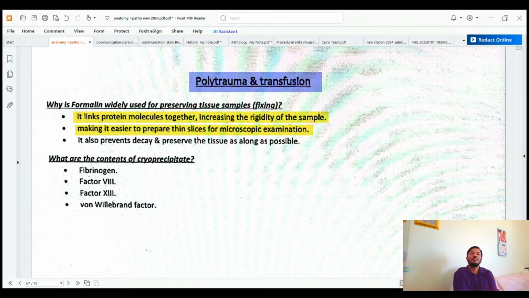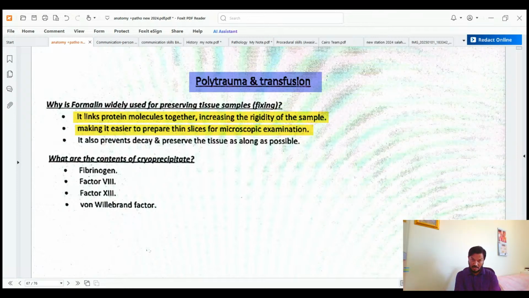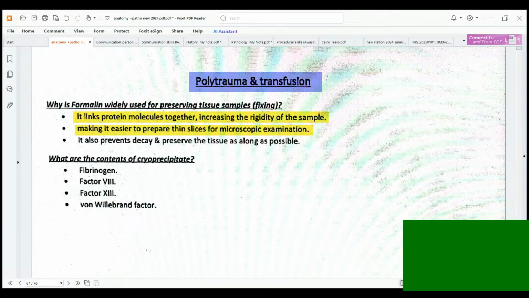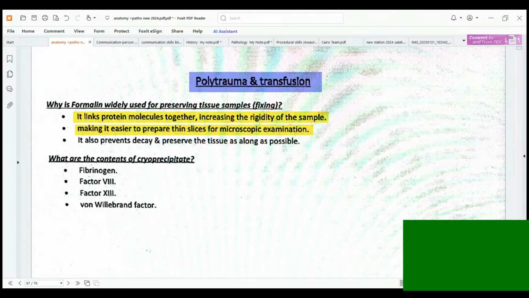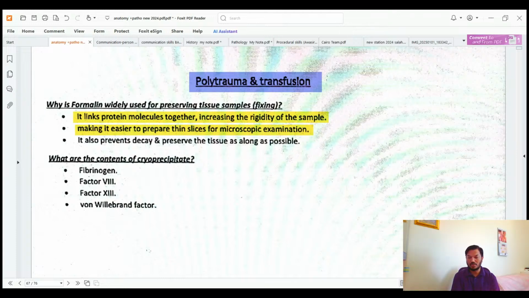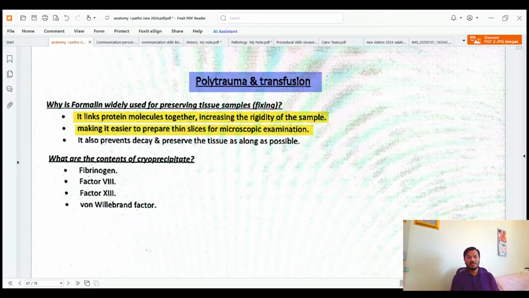Formalin links the protein molecules together and increases the rigidity of the sample, making it easier to prepare thin slices for microscopic examination.